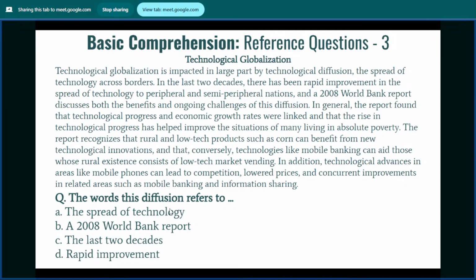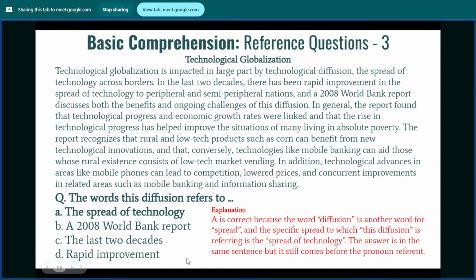A, the spread of technology. Yes, ma'am. Correct, very good.